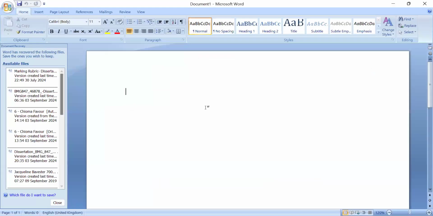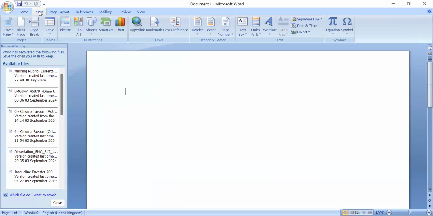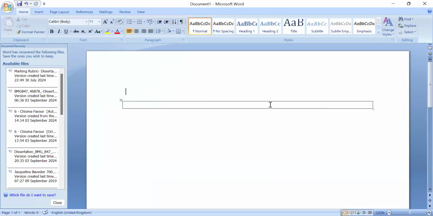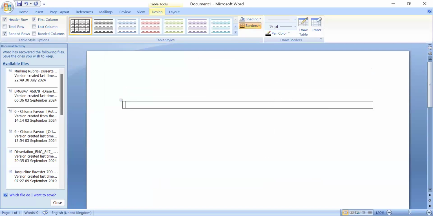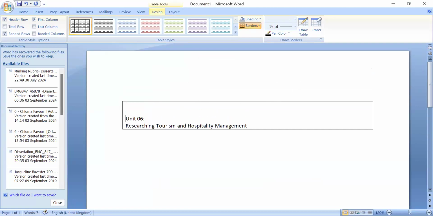Please, the first thing when you do this assignment is to always have a cover page. So it's good to have a cover page for Unit 6, Research in Hospitality. We're doing the course with OTHM, level 7, level 6.